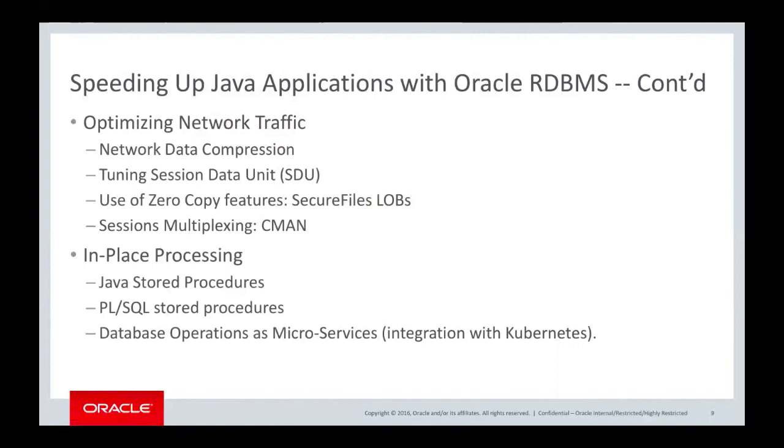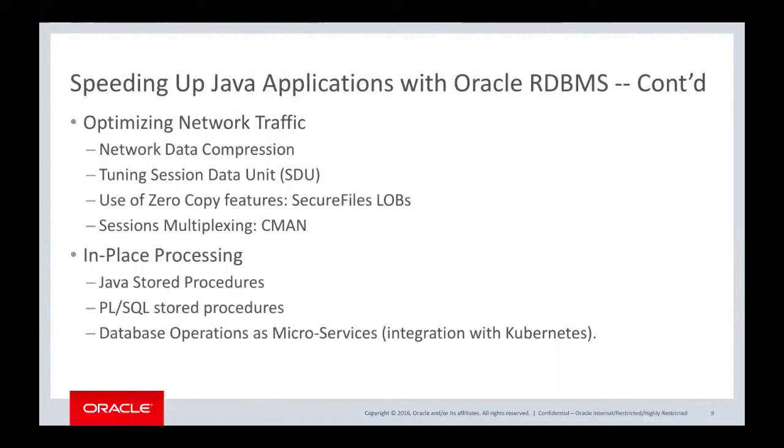The last thing I want to talk about in network traffic optimization is session multiplexing. It means I have multiple clients connecting to the database, and each connection is a session. You have a session on the database side, executed within the database server process.